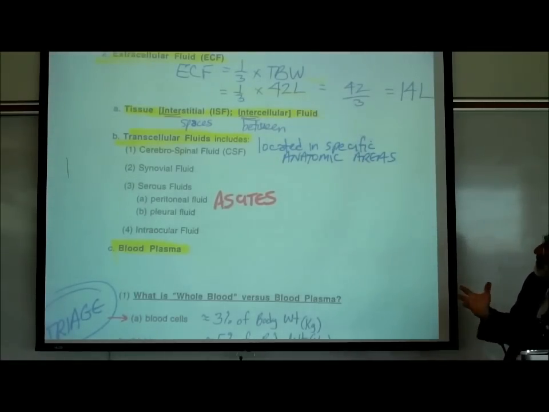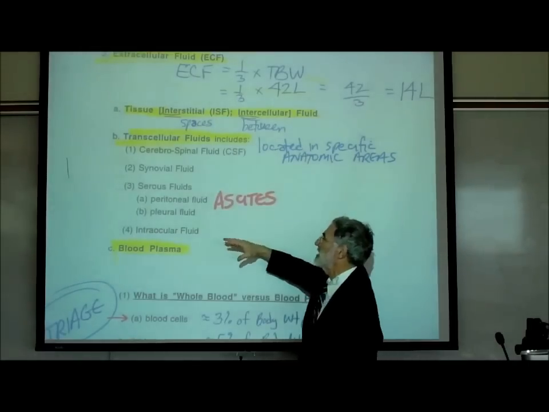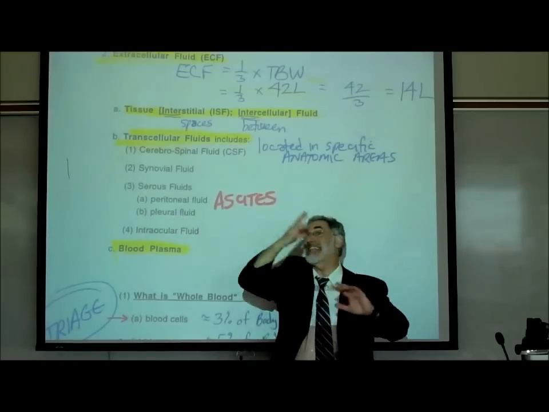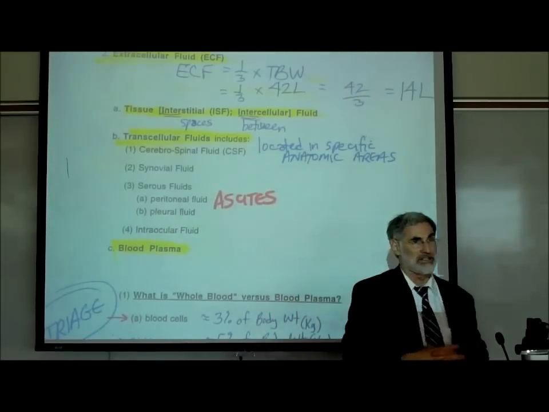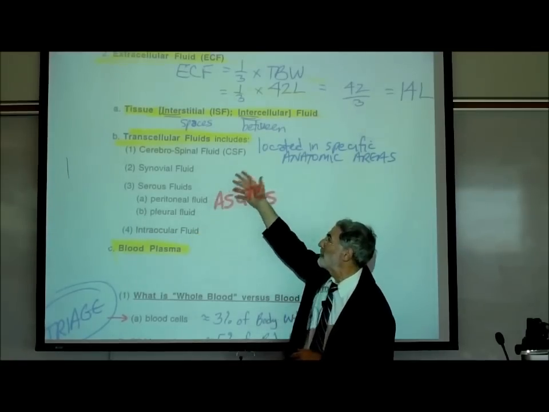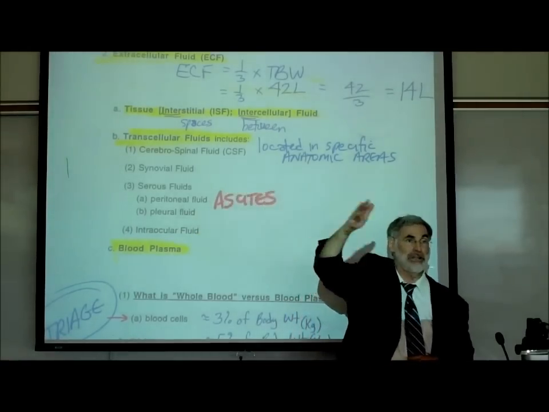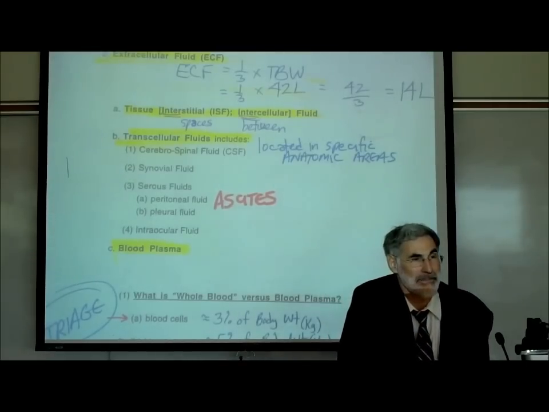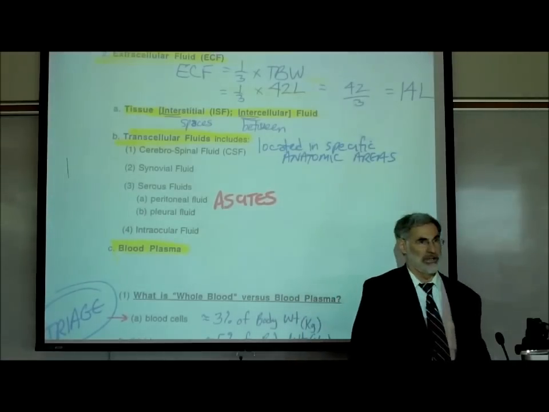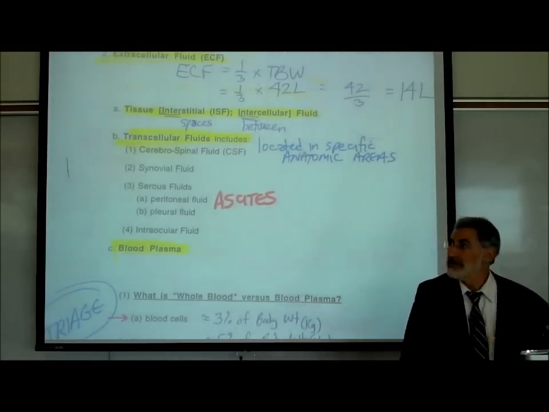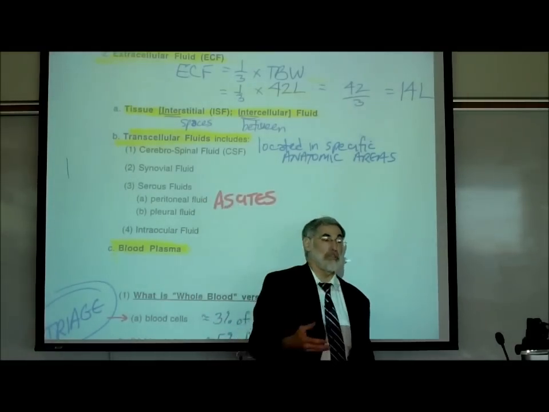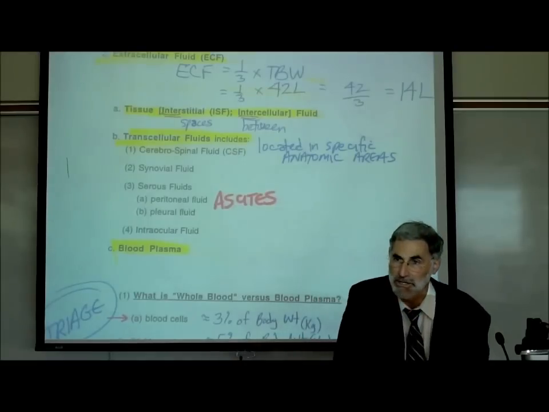Now, where we're going with this is you can have problems. You can either have an excess or deficiency of fluids in any of these different compartments or places. You can have a buildup of synovial fluid or intraocular fluid or cerebrospinal fluid. Question? Ascites, can you please explain? Ascites is a buildup of peritoneal fluid in the abdomen. So, does anybody know what they call the condition with the buildup of cerebrospinal fluid?